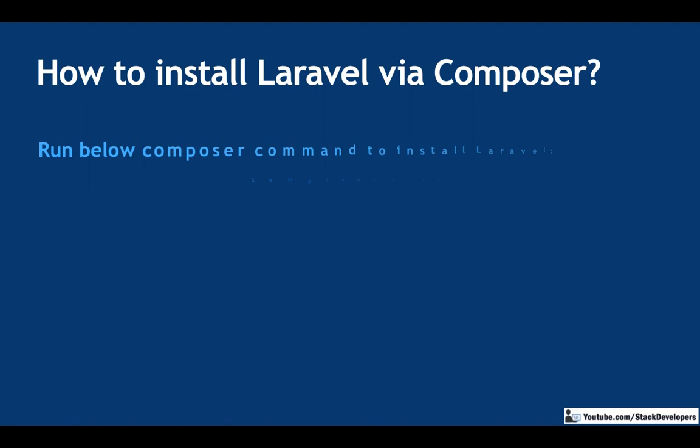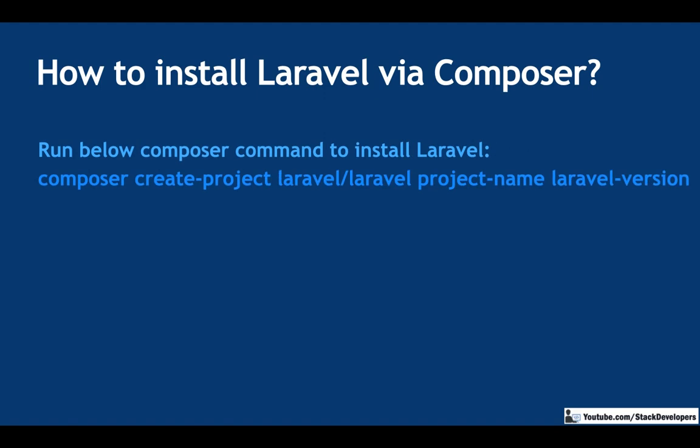So let's see. Run the below composer command to install Laravel. This is the composer command that one needs to run for installing a Laravel project. Here you can see composer create-project laravel/laravel, and then the project name will come, after that the Laravel version will come.